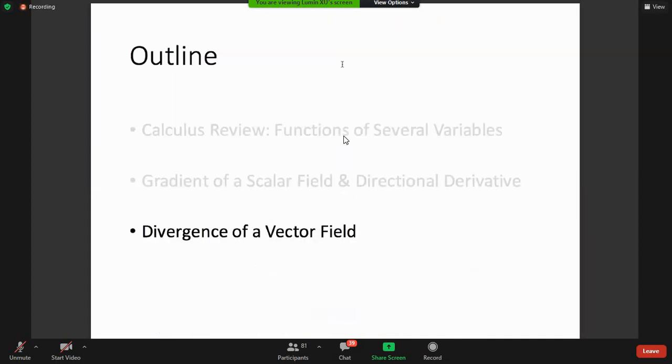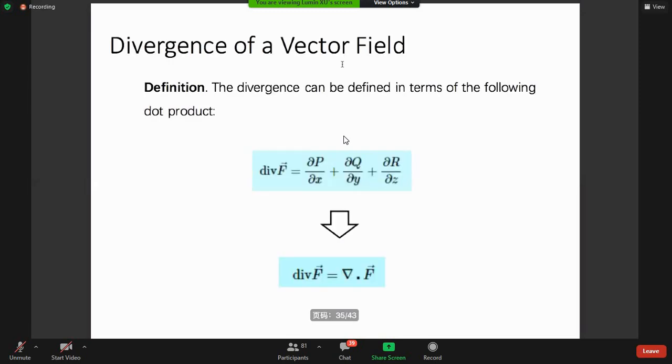Now, let's move on to the last part in this tutorial. We will talk about the divergence of a vector field. First, let's introduce the definition. The definition should be like that. It's a dot product.